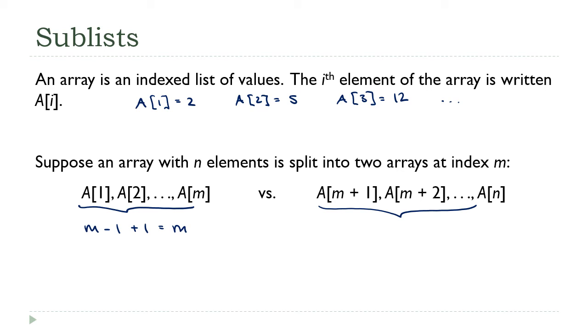All right, now how about on the other side, the upper sublist? Well, let's apply our formula. The formula says we take the upper bound minus the lower bound and add 1. So let's simplify this. This is n minus m minus 1 plus 1, which is n minus m.